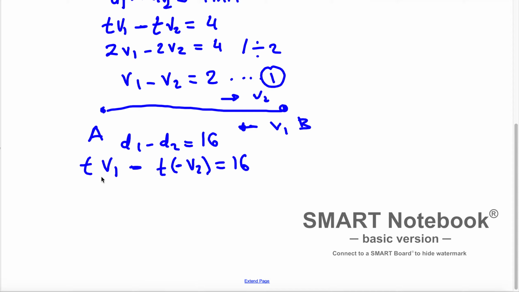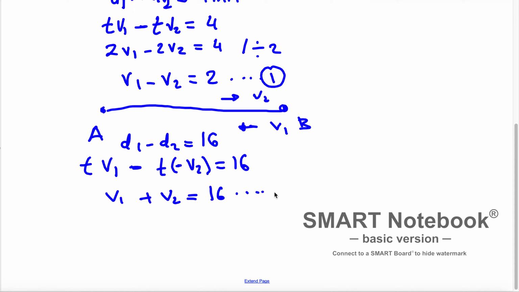Now let me rearrange this equation a little better. The t is 1 hour. If I plug in 1, it's not going to change anything, so it's just v1. 1 times v1 is v1. Negative times negative is a positive, and t here is 1, times v2 is v2. And this is equal to 16.